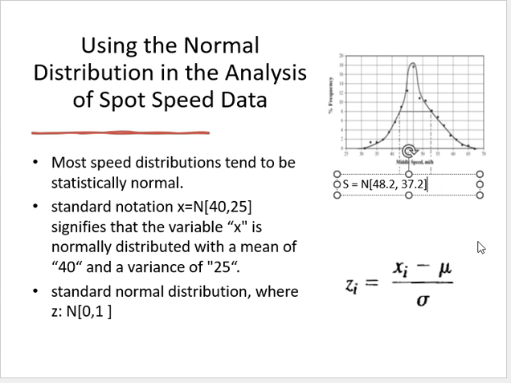For example, I have a value in my data, 35. One of the speeds is 35. I want to convert it into a z value. So z for 35 will be 35 minus the mean. How much is the mean? 48.2. Divide by the standard deviation.